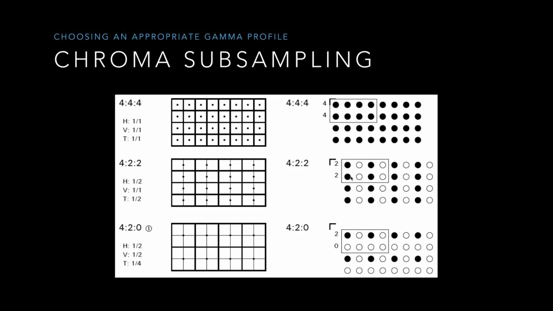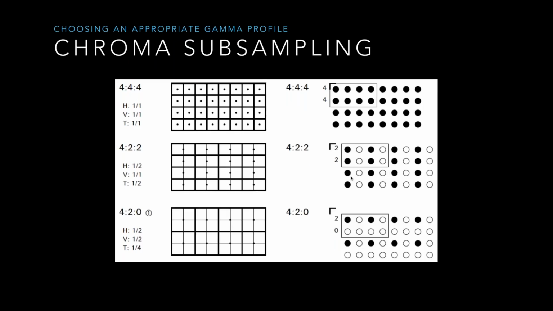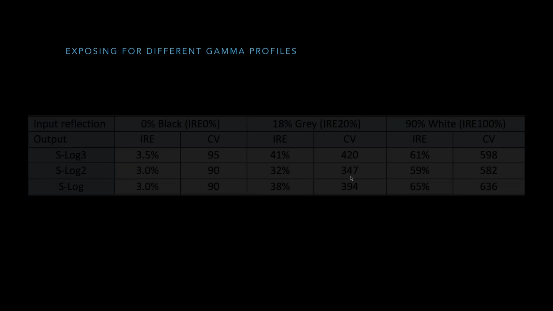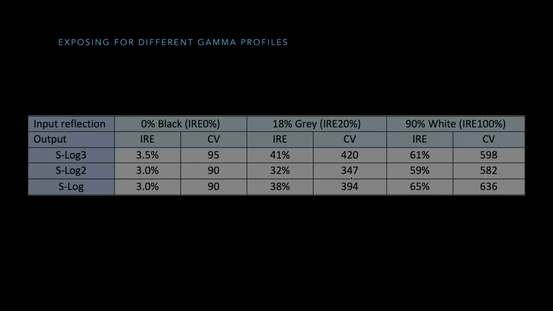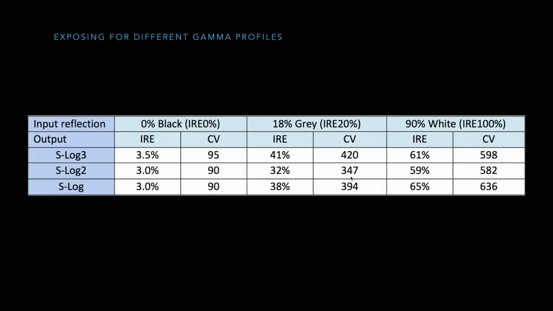Let's look at exposing this, because whether you've got 8, 10 or 12-bit or whatever you want, whether it's shooting raw or not, exposure is still critical, and it's still a massive part of what these charts are meant to do for us. One of the big things with log profiles is that the highlight compression will start at a given point.